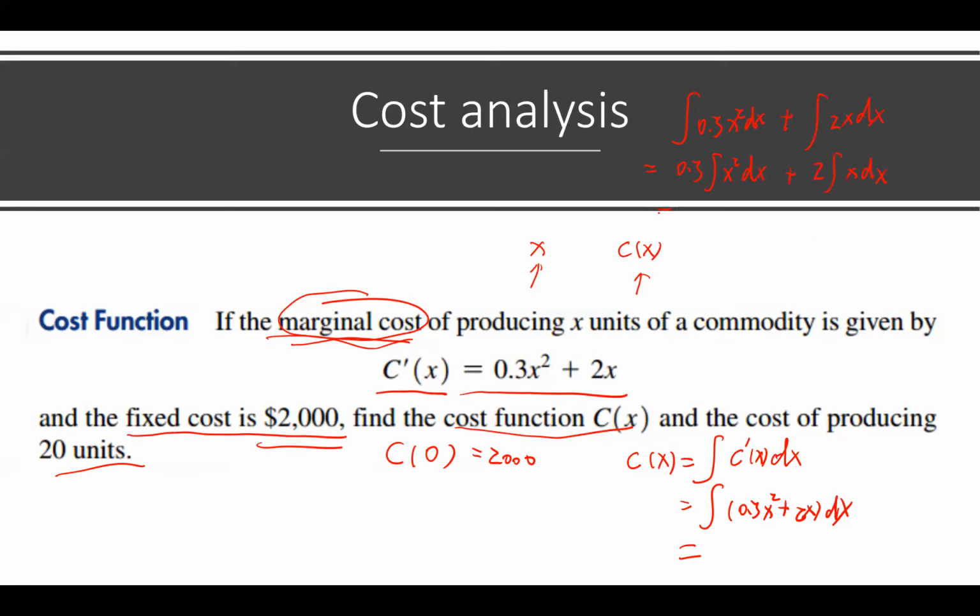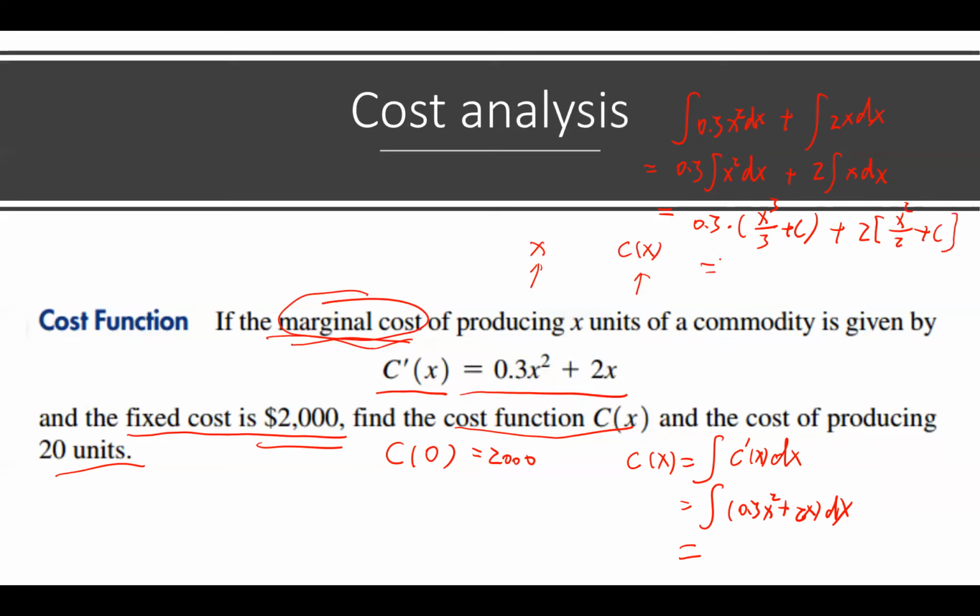Now if we take the antiderivative, we have x to the power of 3 over 3 plus c, and here we have 2 times x squared over 2 plus c.